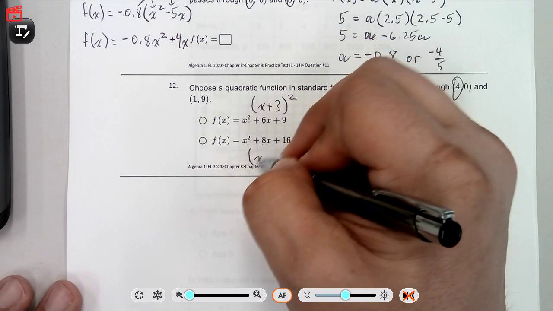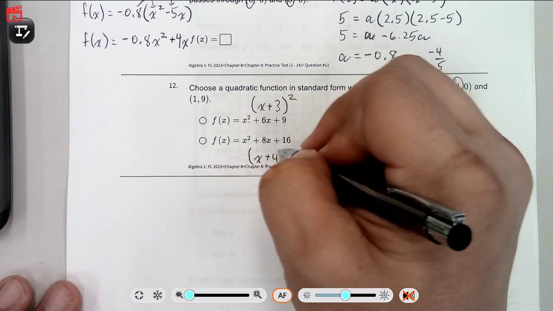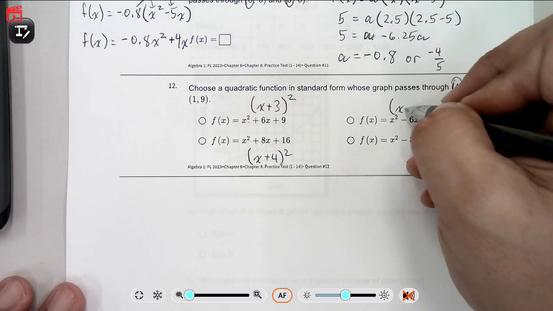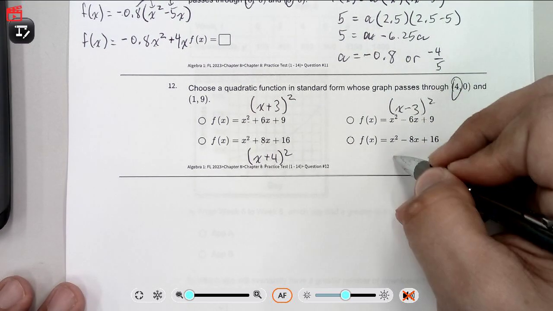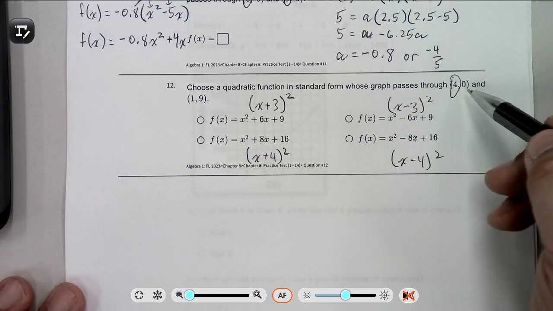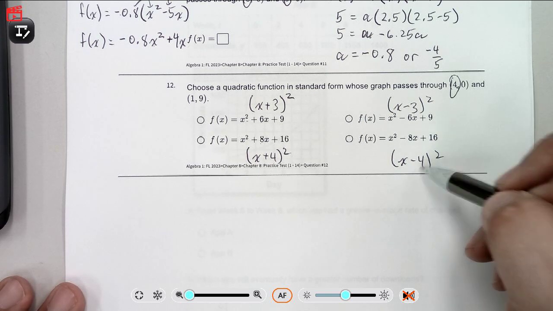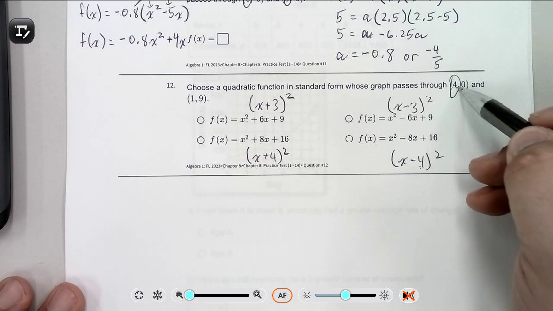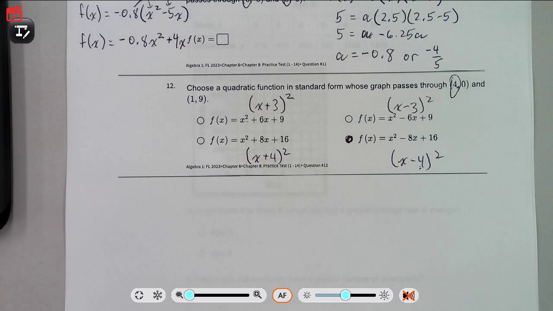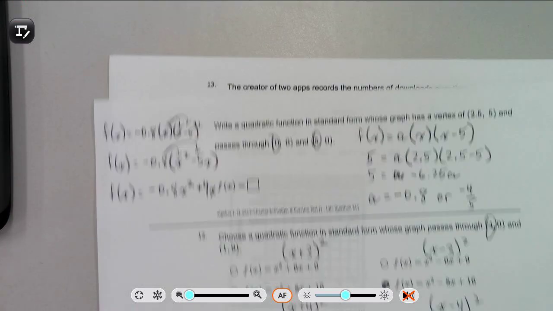This is x plus 4 squared. This is going to be x minus 3 squared. And this is x minus 4 squared. So this is going to be the only one that passes through 4, 0.